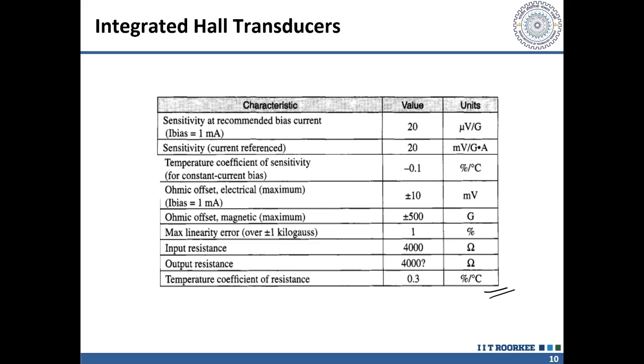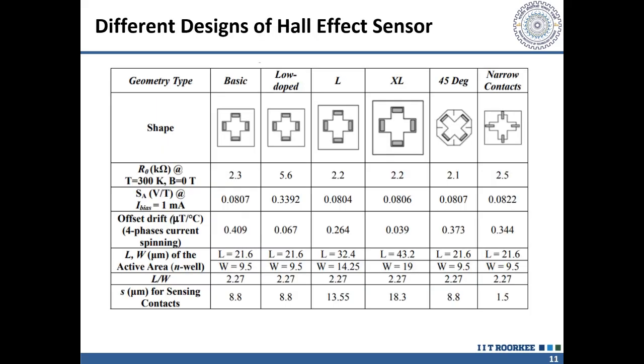The other way in which we can classify Hall effect sensors is based on geometry. We can go into detail for this later, but we want to move ahead to the applications of the Hall effect sensor. We have given the value of resistance at a given temperature and magnetic field. At zero field, the zero field resistance is given here.